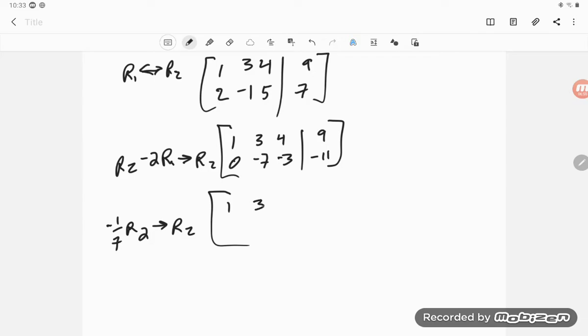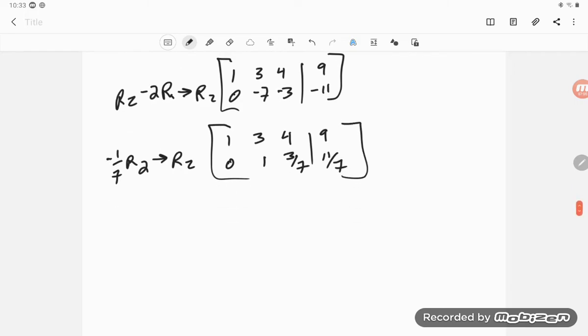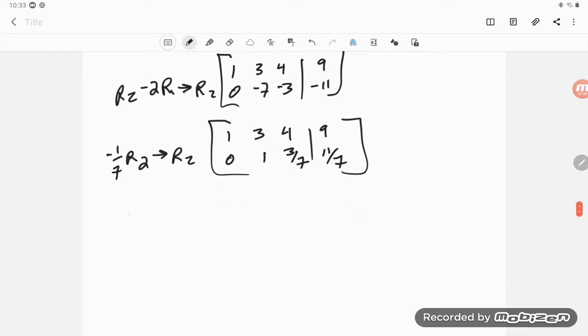So I have 1, 3, 4, 9, 0, 1, 3/7, and 11/7. And now I would take row 1 minus 3 row 2 and put that back into row 1. So I get 1, 0. So I have 4 minus 9/7.